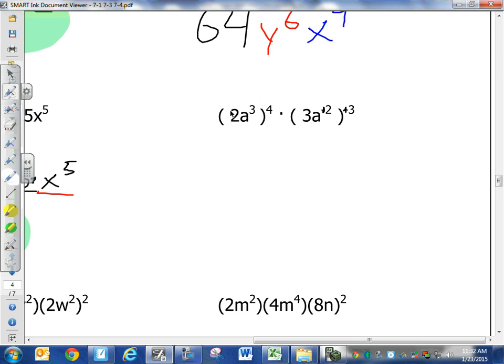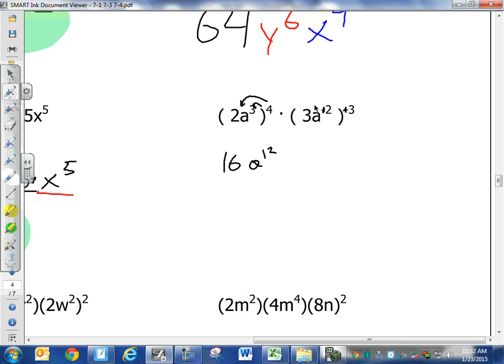It's not 2 times 4. It's 2 to the 4th. 2, 4, 8, 16. This is a cubed times itself 4 times. That's a to the 12th. A cubed, a cubed, a cubed, a cubed, a to the 12th.